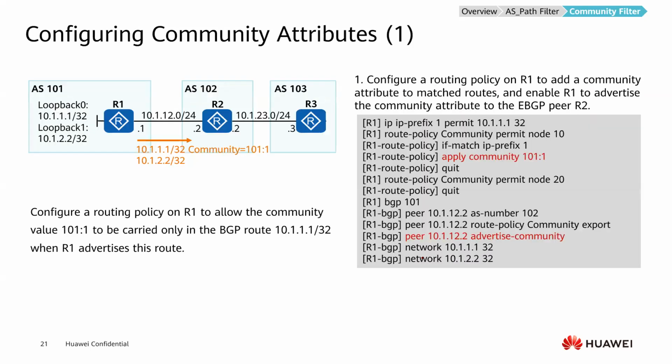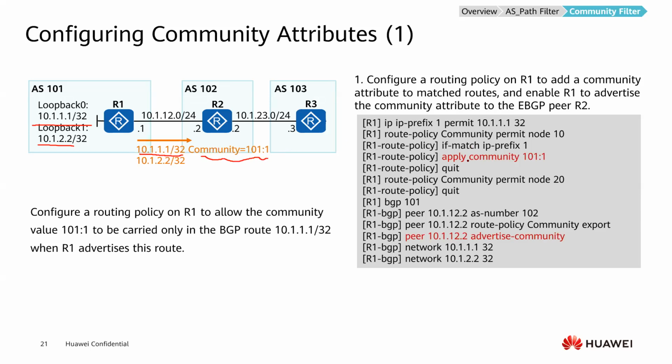Okay, let's see an example. For this example, R1 has advertised two networks, and so it will advertise these two routes to its neighbor. For the first route, you want to configure a community, 101:1.